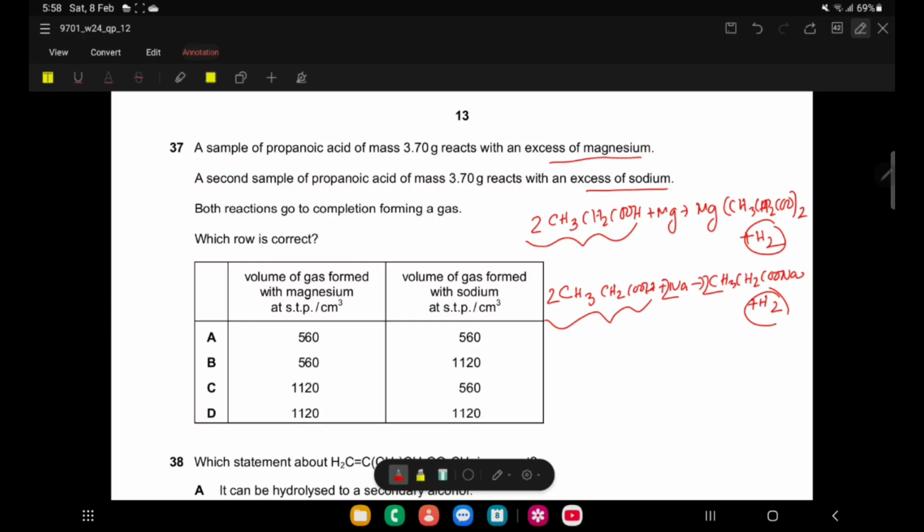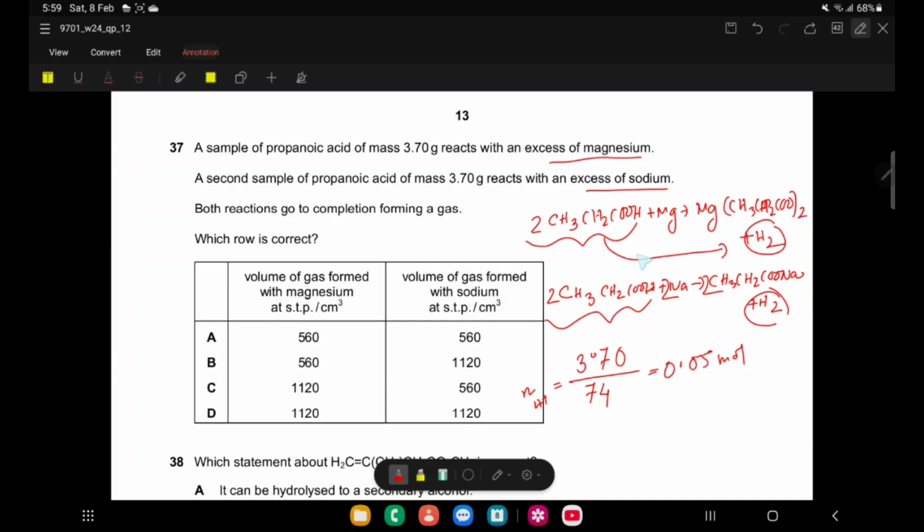At first, let's find out the number of moles of propanoic acid. The mass of propanoic acid is 3.70 gram divided by the molar mass of propanoic acid, which is 74. So the number of moles of acid is 3.7 divided by 74, which is 0.05 mole.